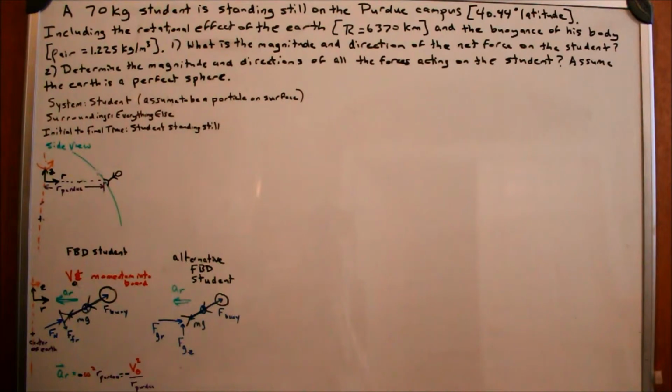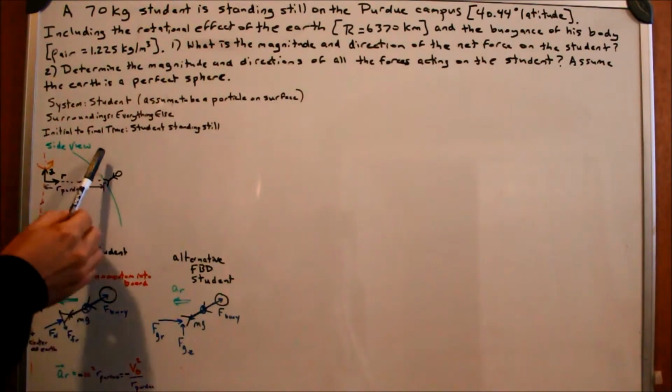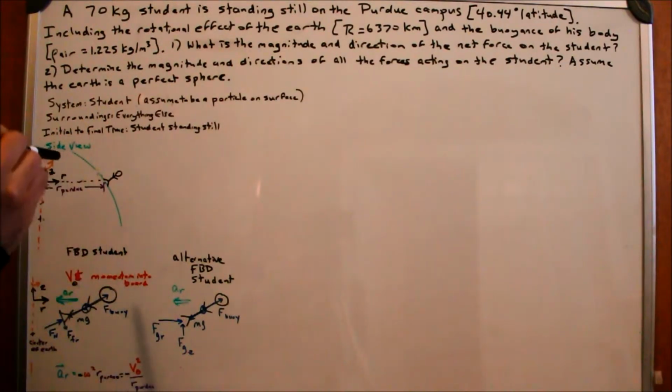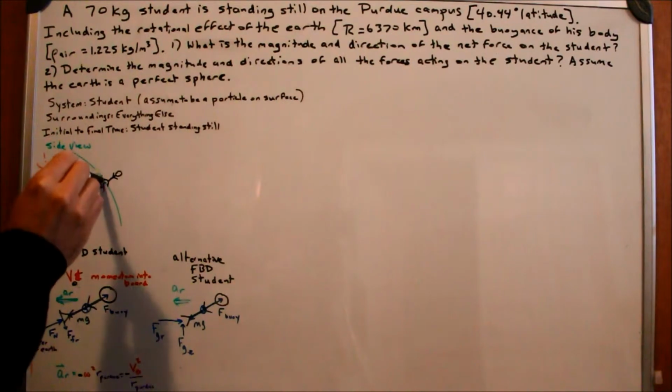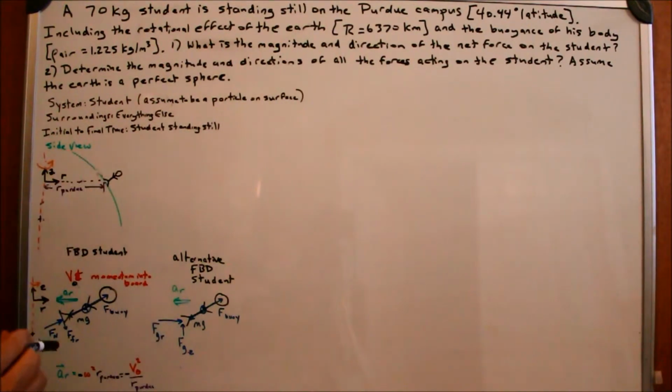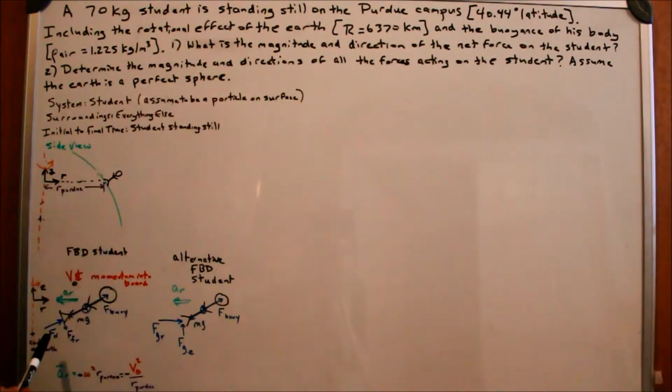I also like to draw acceleration. We know he's just spinning around in this flat plane right here, so he has no acceleration in the z direction, going at constant velocity, so he has no acceleration in the parallel or theta direction, but he does have an acceleration towards the center of rotation.